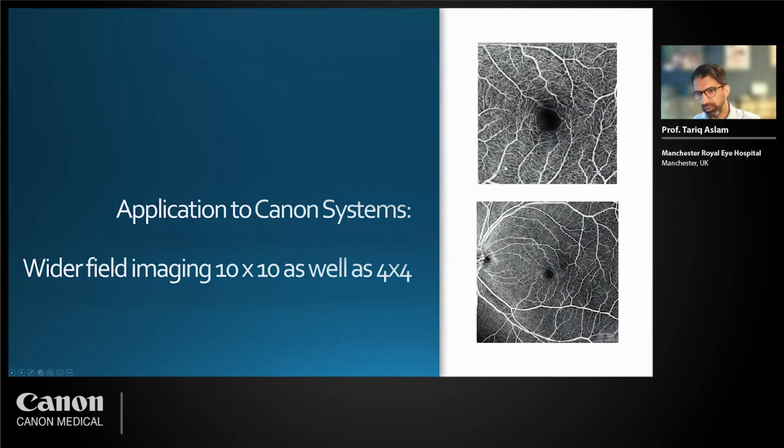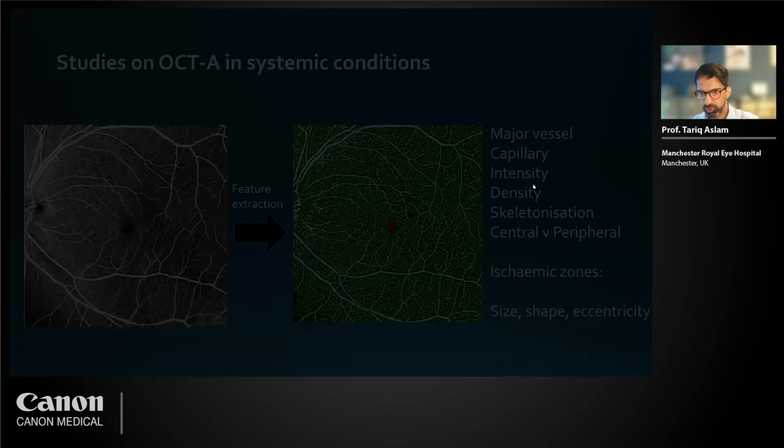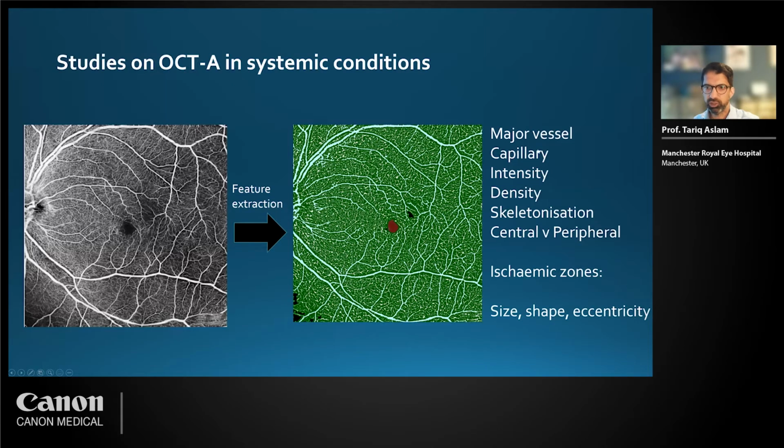And then finally, perhaps the most powerful thing is we really wanted to get a wider area than just the 4x4. So we now have access to 10x10 and 4x4 image analysis. These are the typical features we found. We're able to extract the major vessels, capillary intensity, density. We're able to get some values for skeletonization and look at all sorts of ischemic zones.